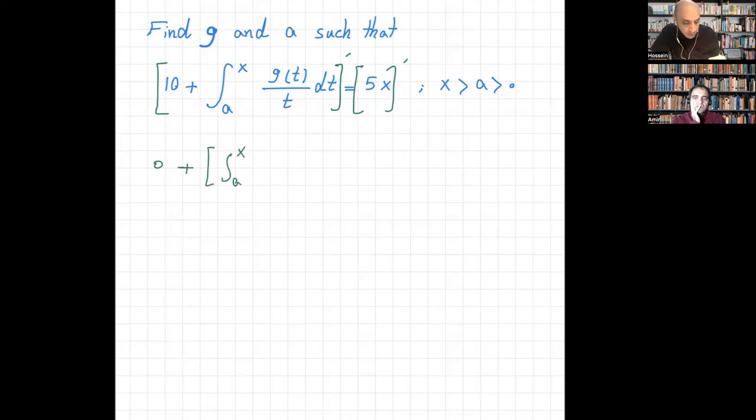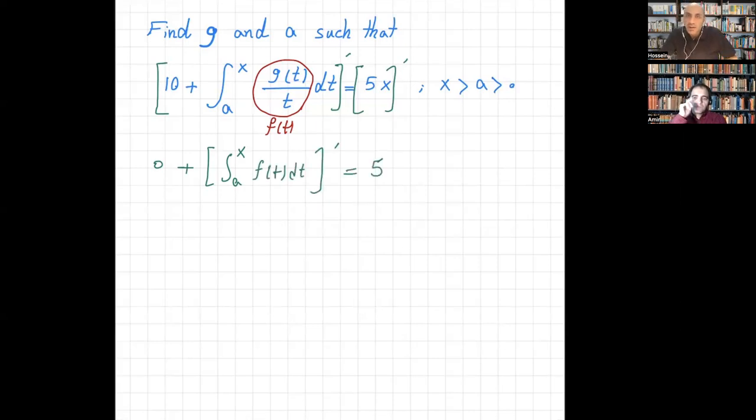I'm going to rename this expression and call it f of t. So it's going to be the derivative of the integral from a to x of f of t dt. And the right-hand side is going to be 5, since the derivative of 5x is 5.